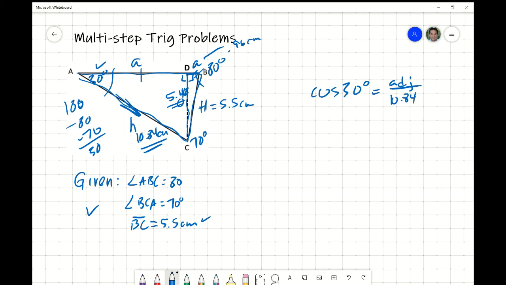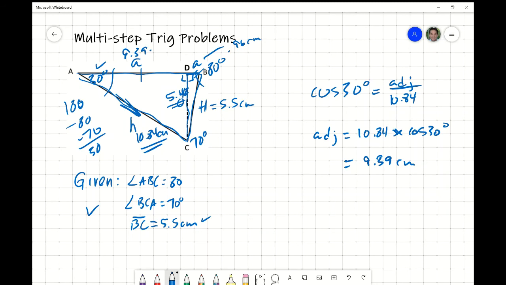In this case it's going to be multiplication, so the adjacent is going to be equal to 10.84 times cosine of 30 degrees. We run that through a calculator, and we get 9.39 centimeters.